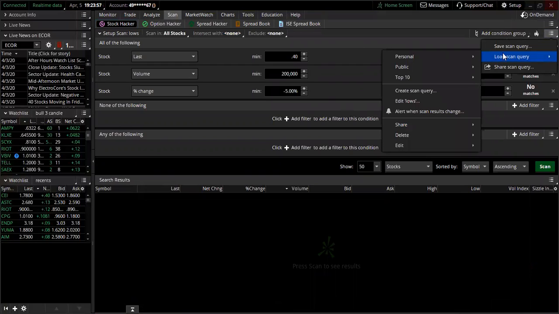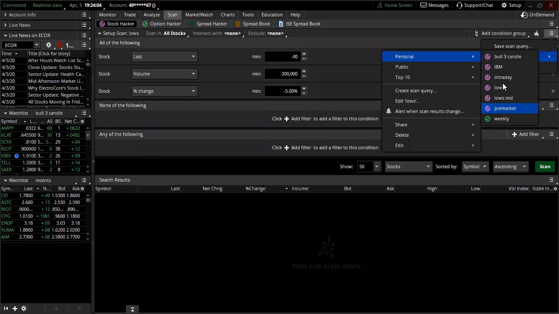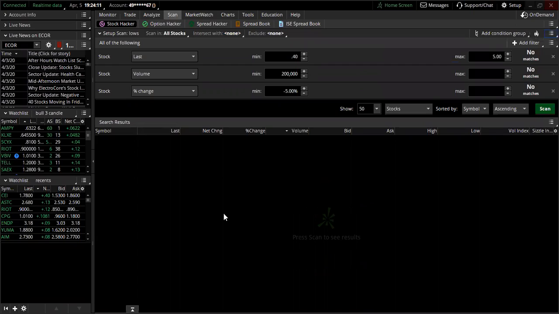Most of these scanners are presets from TD Ameritrade, but the ones I have are Lowe's and then the Bull 3 candle. Let's go into Lowe's. This is the criteria of the scanner.